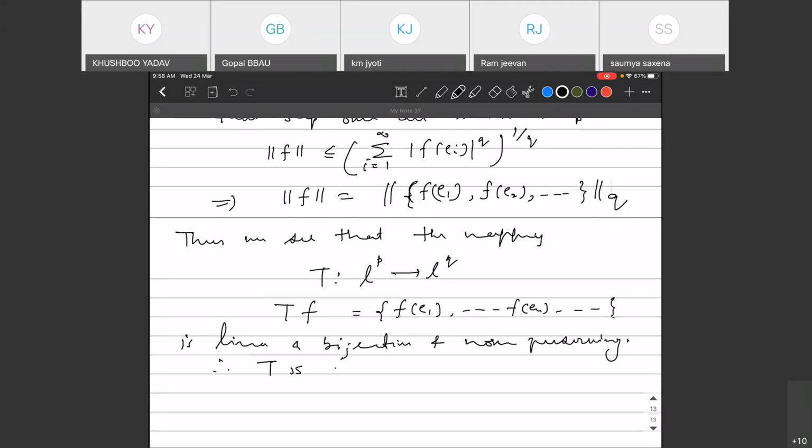Therefore, T is an isometric isomorphism. Thus, LP dash equals LQ.